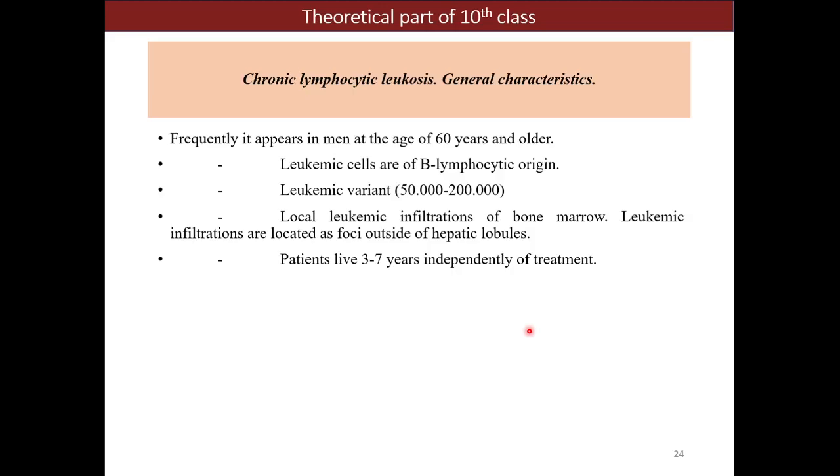Local leukemic infiltration of bone marrow. Leukemic infiltrates are located as foci outside of hepatic lobes. The patient lives 3 to 7 years independently of treatment. So we really couldn't change anything. The course of the disease will depend only on the situation in the bone marrow.